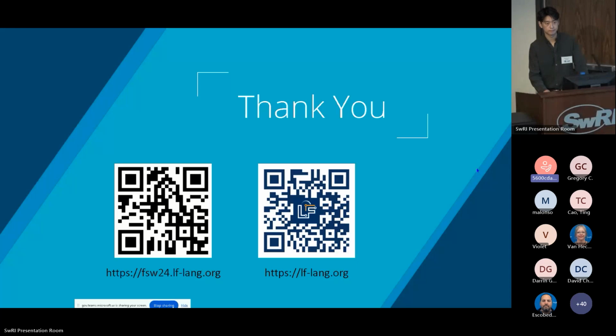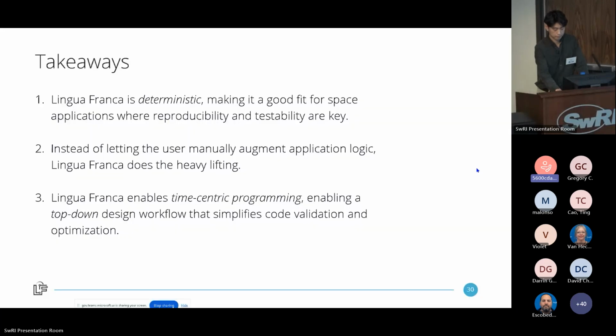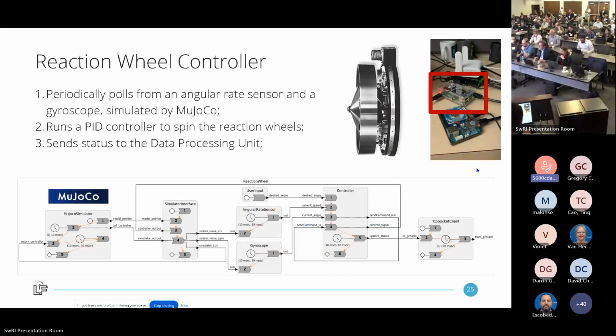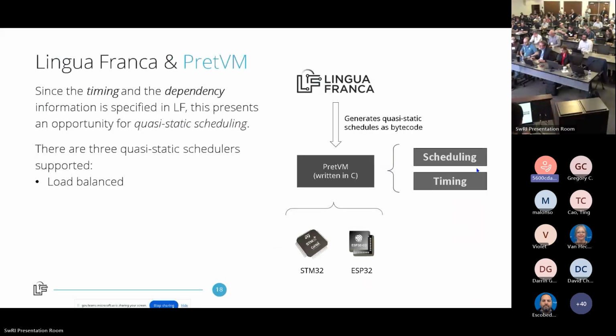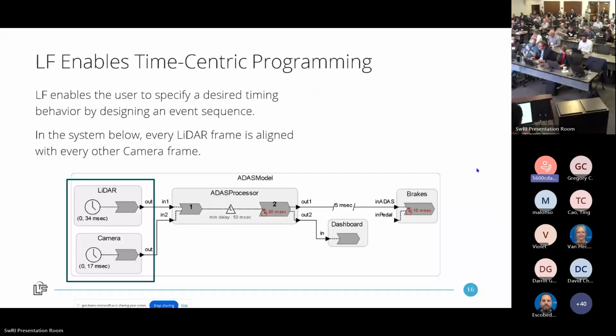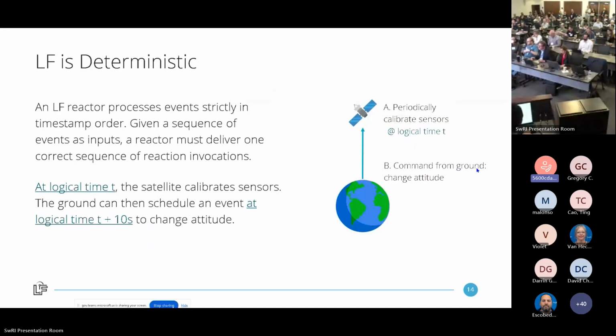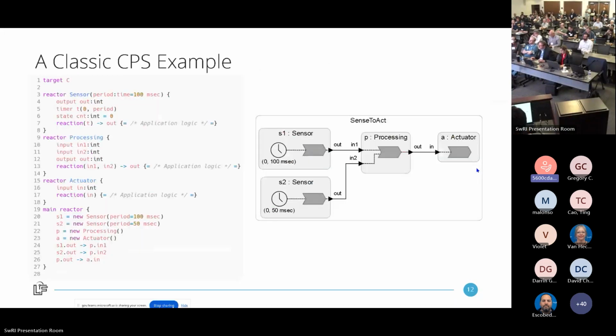Back on the original example of the 2 sensors that were combined, if you could go back, actually. Even further, sorry, the code example. Okay, so in the processing unit there, I understand the sensor has a reaction that's taking in a time, you set from 0 to 100 milliseconds or 50 milliseconds.